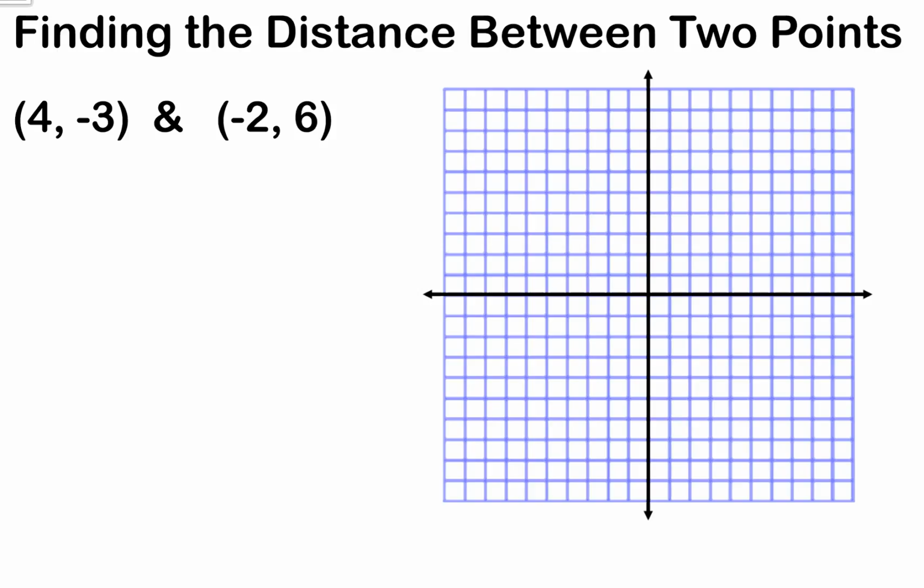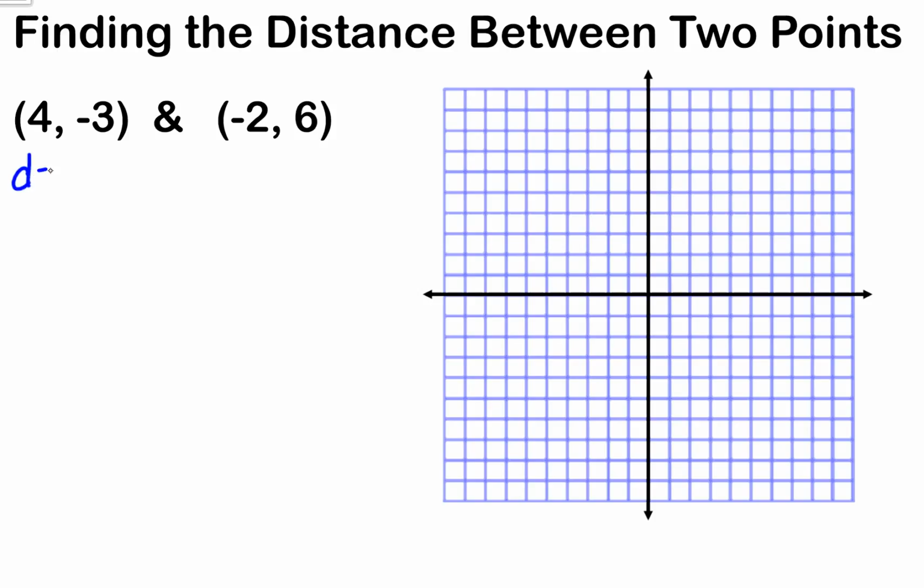So now let's apply that. I want to find the distance between 2 points. There's 2 ways I can do this. I can use the distance formula, and I can also use the Pythagorean theorem. The distance formula is actually an application of the Pythagorean theorem. So I'm going to use the distance formula first, and then I'll use the Pythagorean theorem.